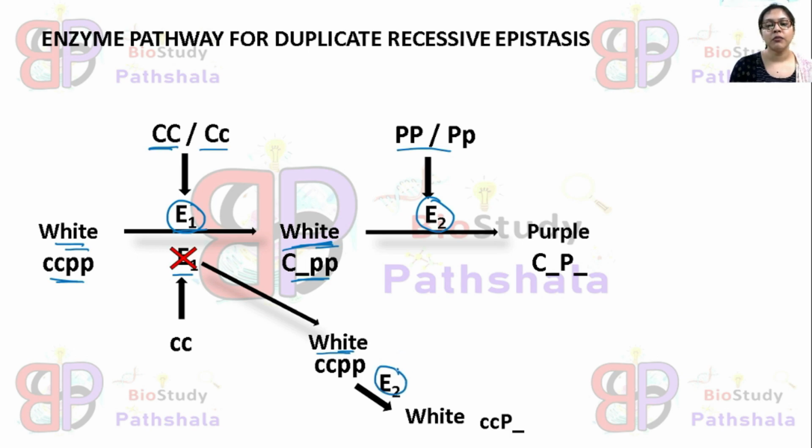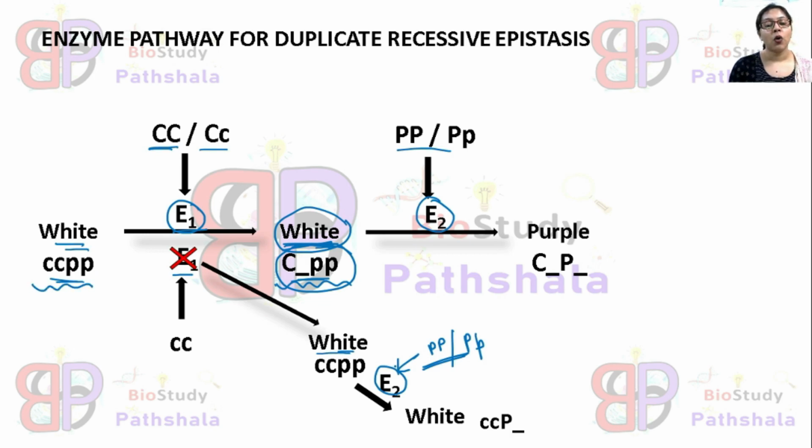This E2 enzyme is the product of capital P capital P or capital P small p. The precursor of E2 enzyme is this white color, which is coded by this particular genotype. So E2 enzyme can only act on this white color, or only on this genotype. It cannot act on this genotype.